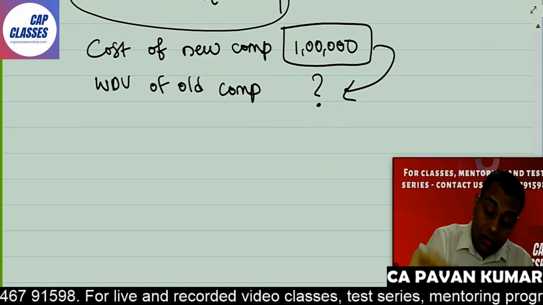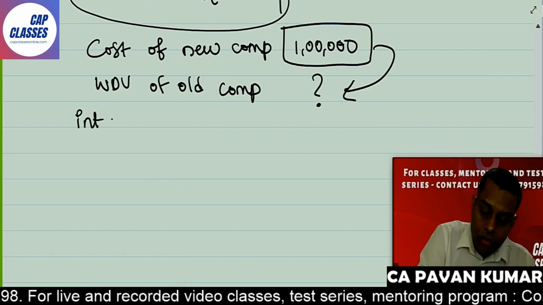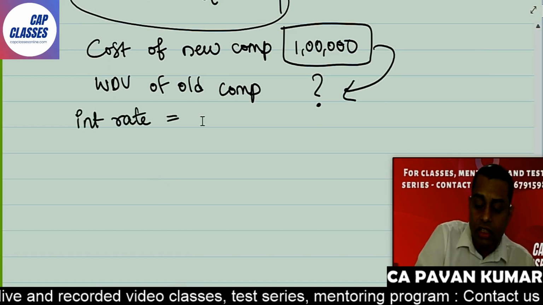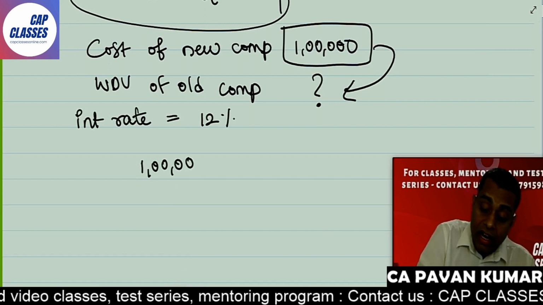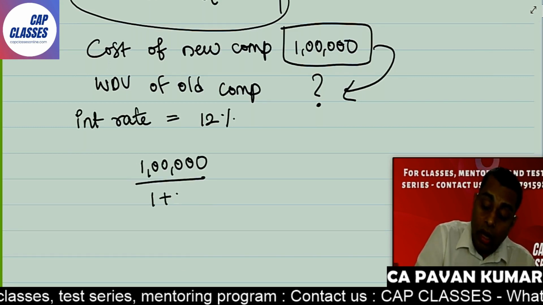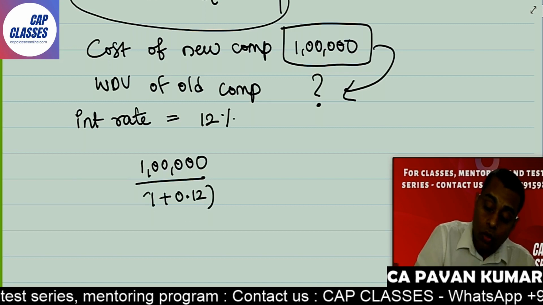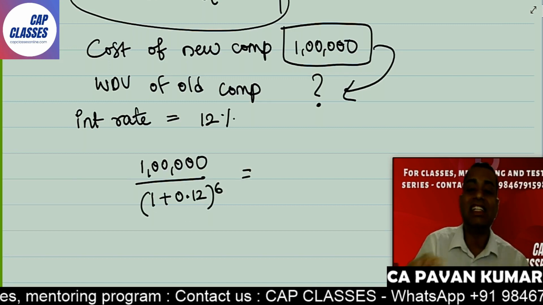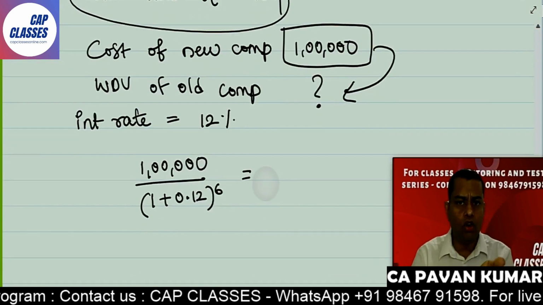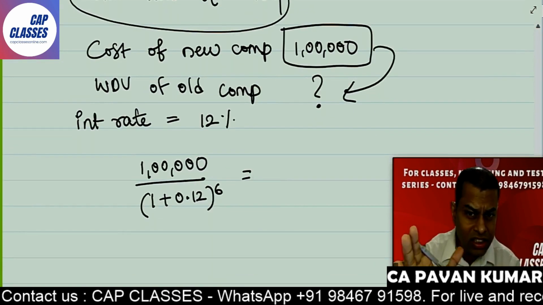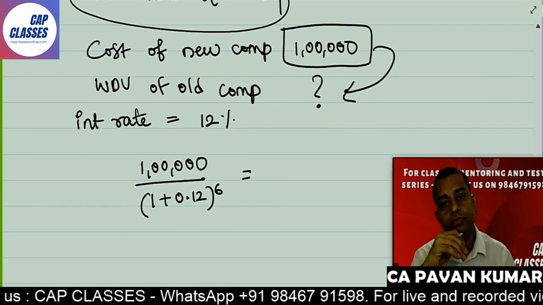Now you take interest rate applicable to this transaction. Say for example it is 12%. Now calculate 1 lakh divided by 1 plus 0.12 whole power if you have used it for 6 years. From 2017 to 2023, you used it for 5 years or 6 years? Whatever the years is, take it.